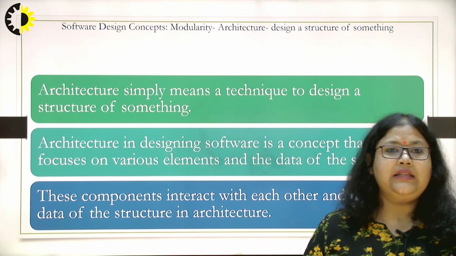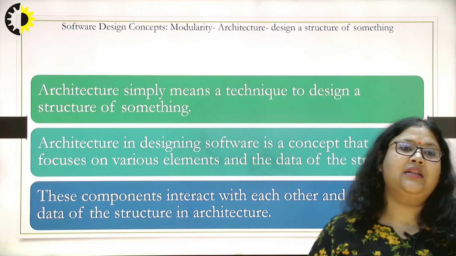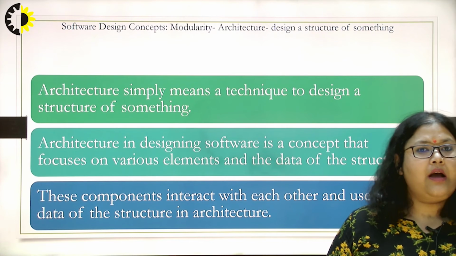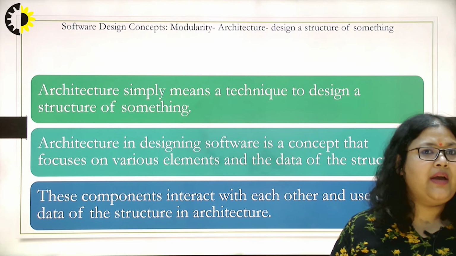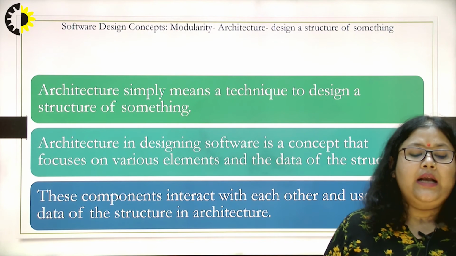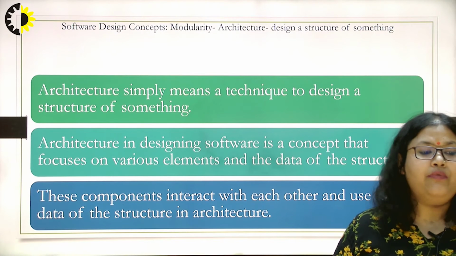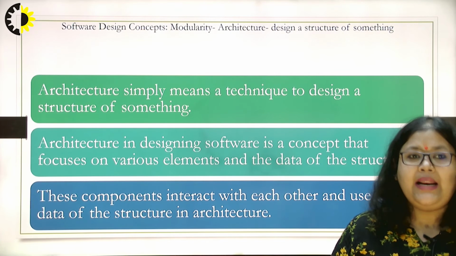These components interact with each other and use the data of the structure in the architecture. So this is the architecture part. Architecture means something we have to define in a fruitful way, in a structured way, because each and every content of the software is important, and each and every component of the element is important.